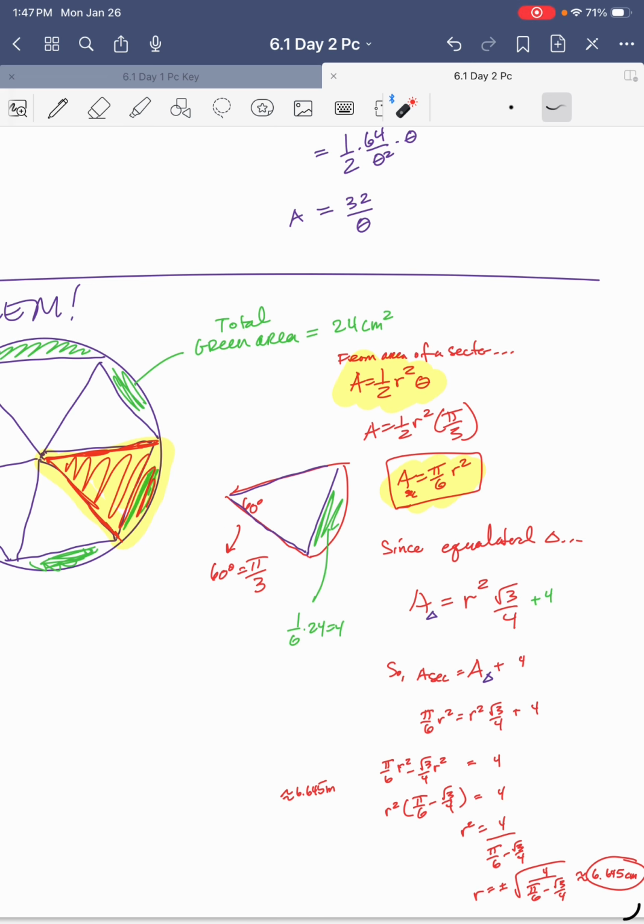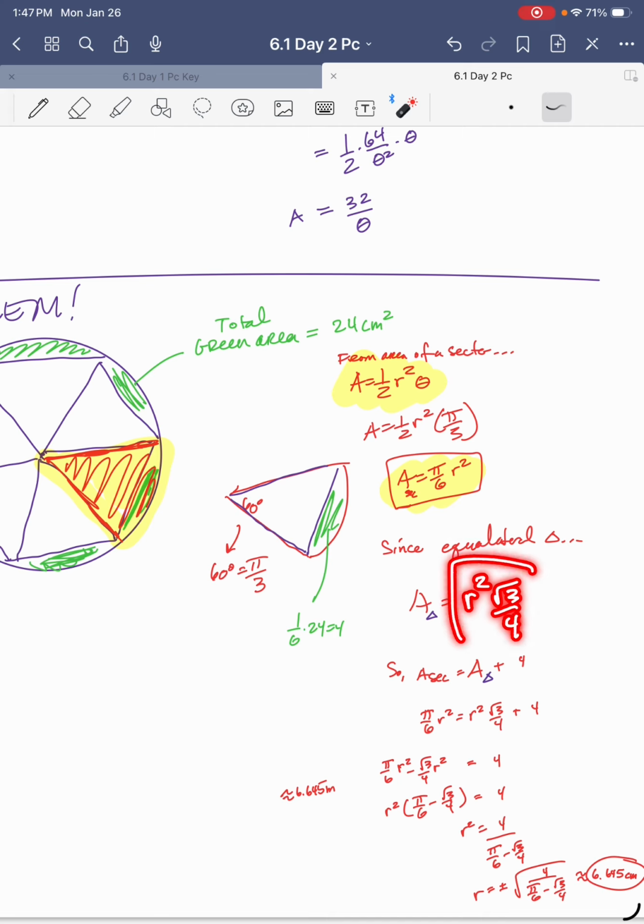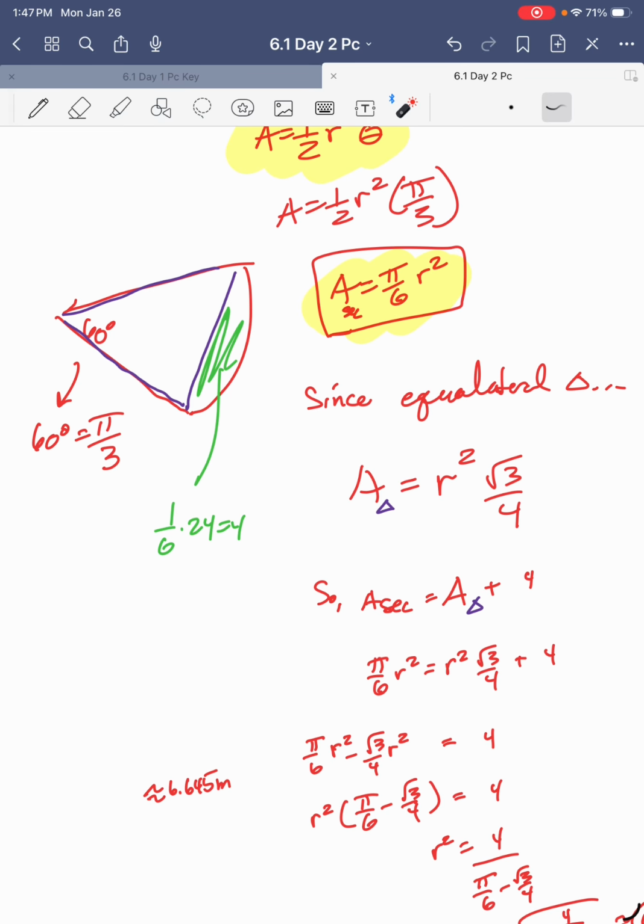Since an equilateral triangle's area is r squared square root of 3 over 4, you would have to be given that, by the way. That means the area of the sector is going to be the equilateral triangle plus 4, that little bit that's left over.